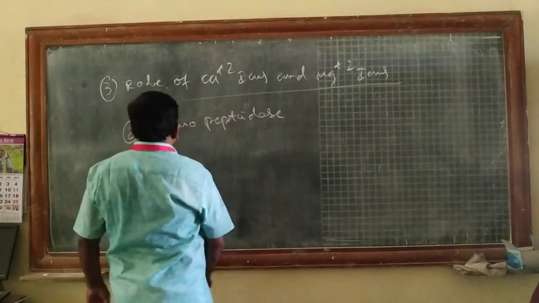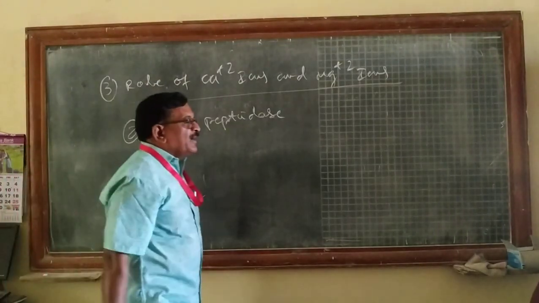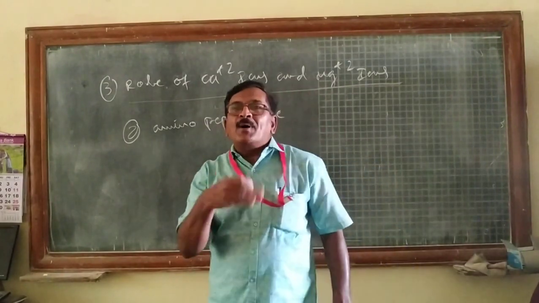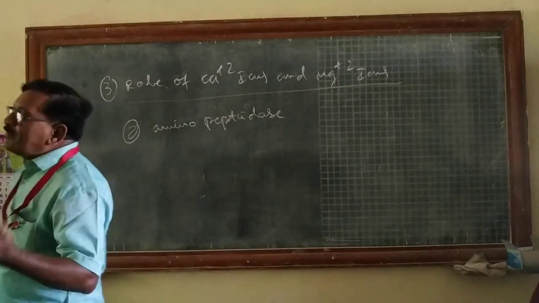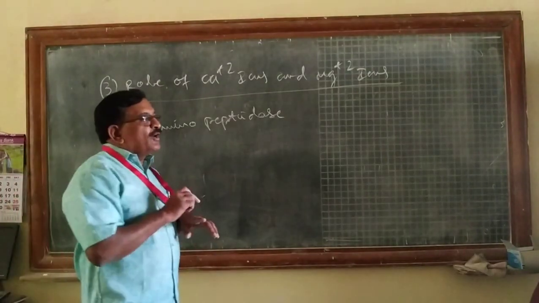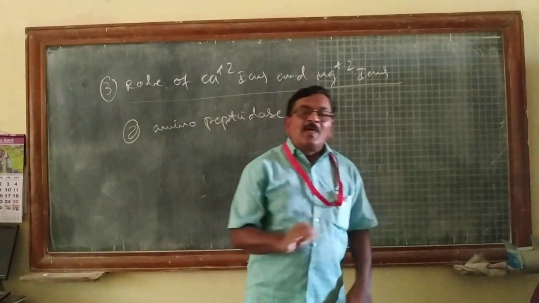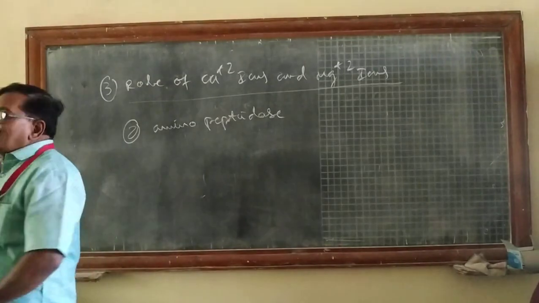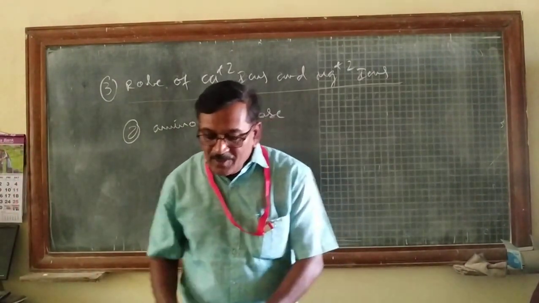So the third function of magnesium is that it is present in aminopeptidase, acting on polypeptides like those in hair, bones, tissues and nails. These polypeptides undergo hydrolysis to form simple peptides, dipeptides or tripeptides, or they are converted into simple amino acids.